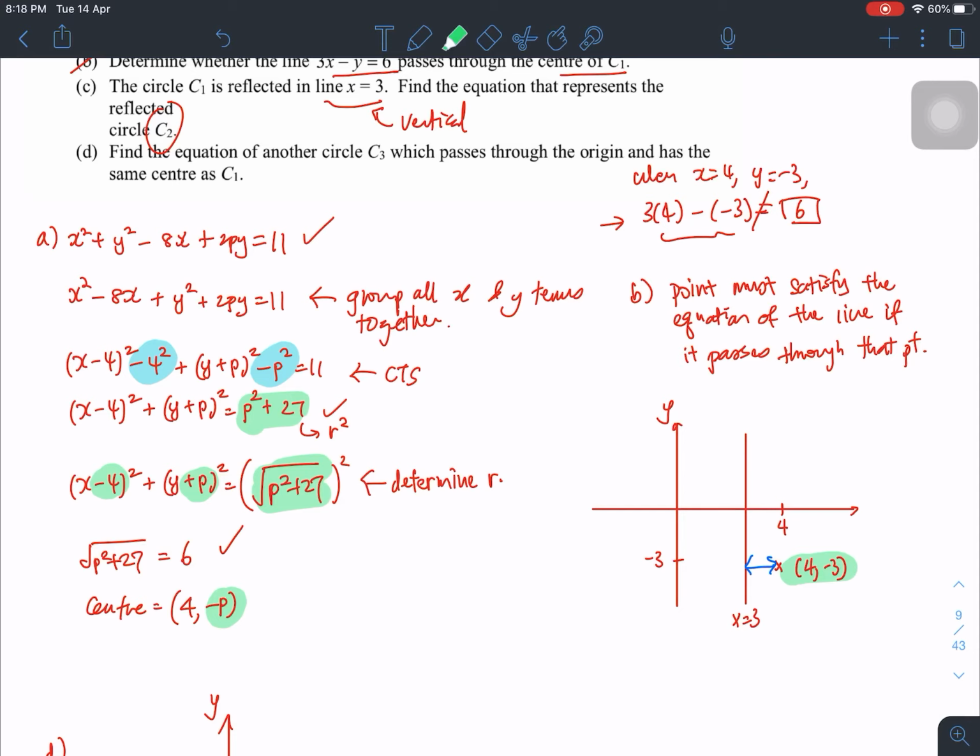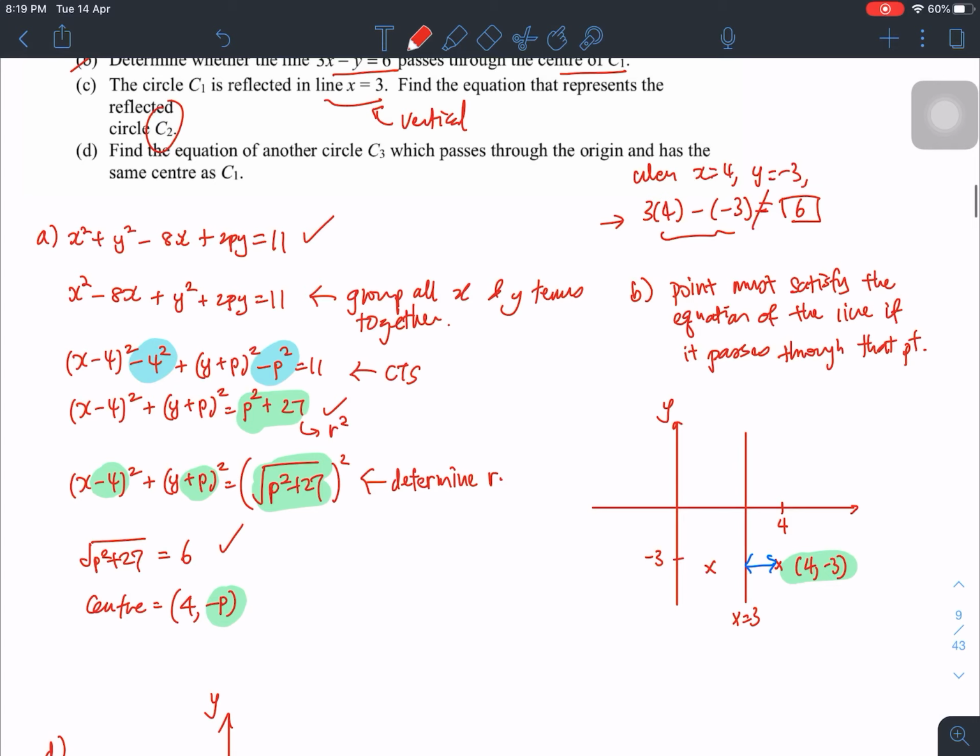I've also drawn the vertical line with the equation x equals 3. The question is asking you what is the equation of C2. When you reflect this center, the first thing you need to do is to tell me what is the new center of this reflected circle. Will you be able to do that?